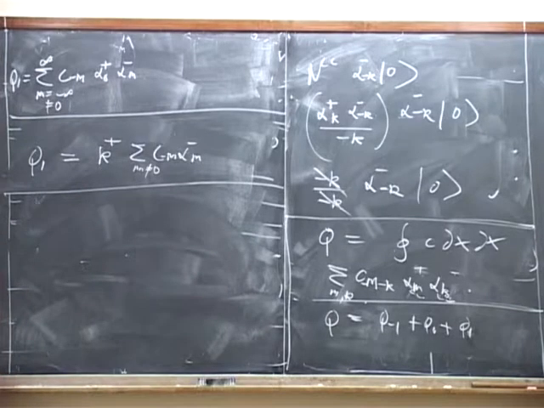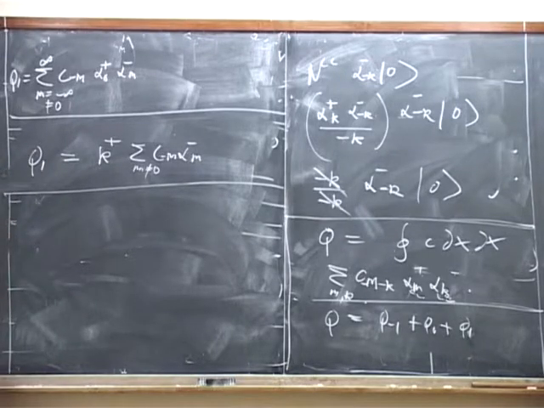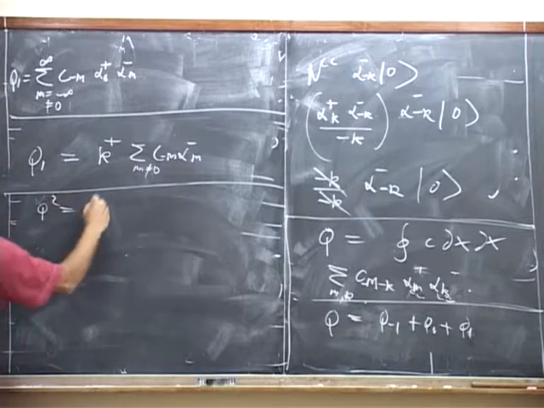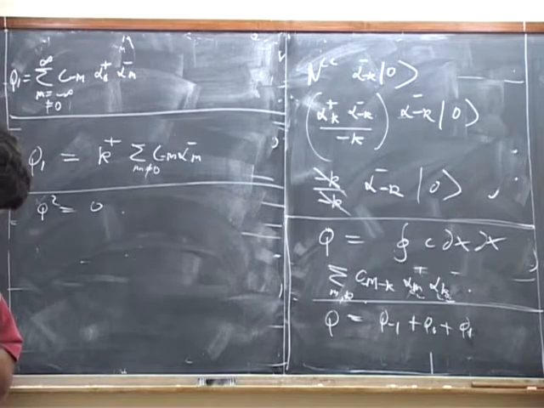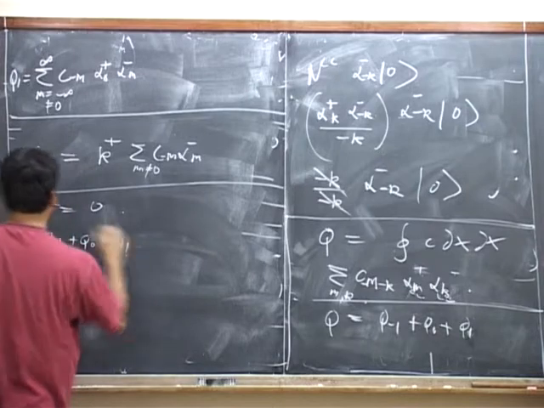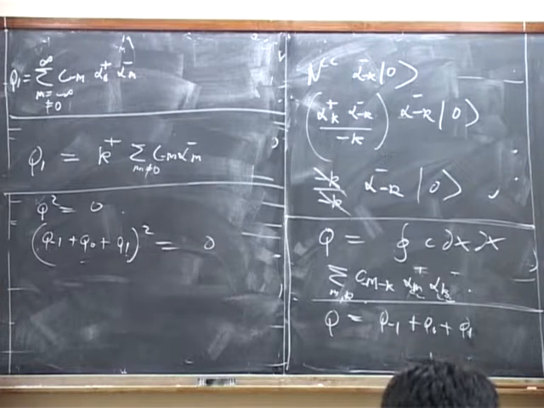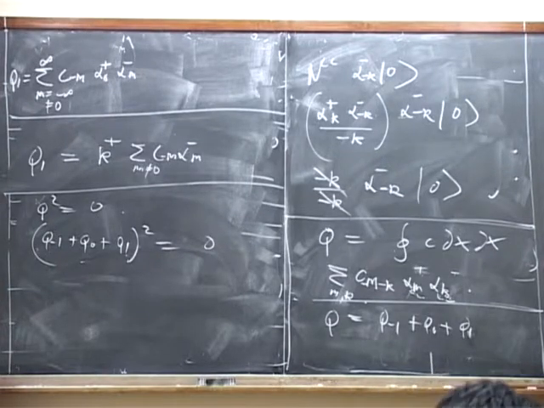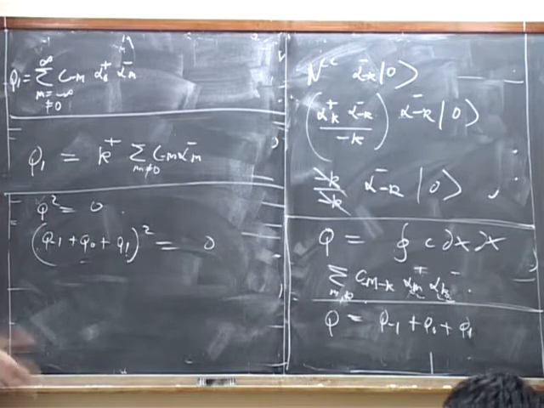Okay. Now, you see, let's take the equation Q squared is equal to 0. This equation is (Q minus 1 plus Q0 plus Q1), the whole thing squared, is equal to 0. And we can decompose this equation into those operators that have all possible allowed values of NLC.